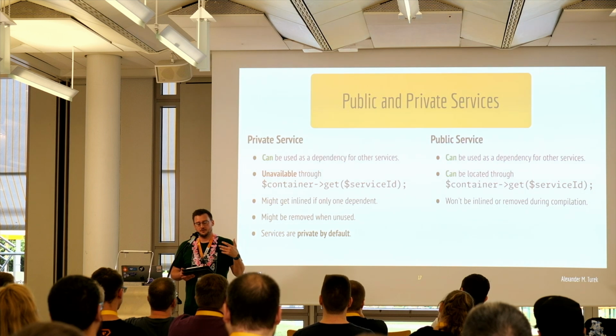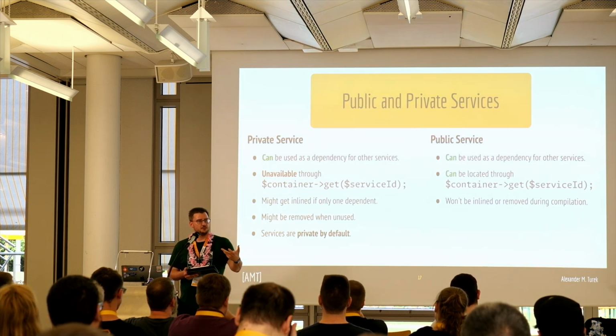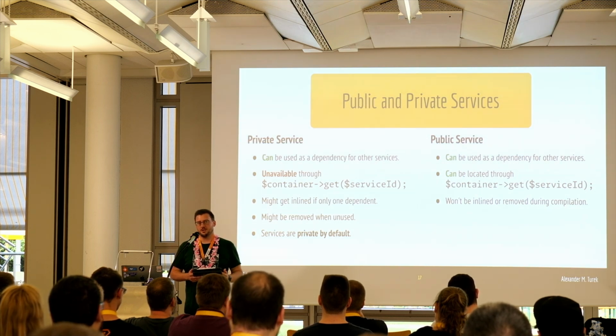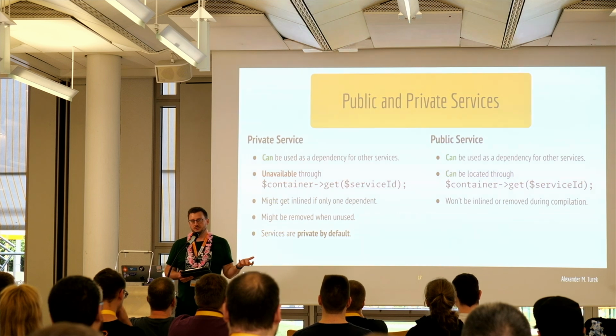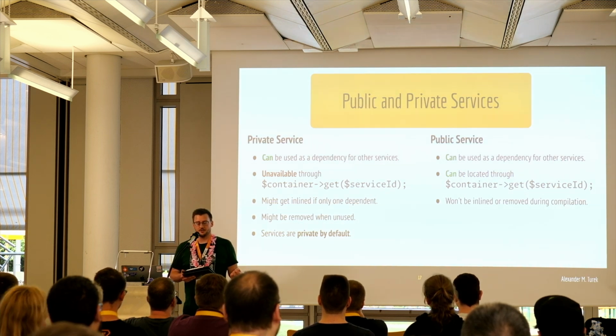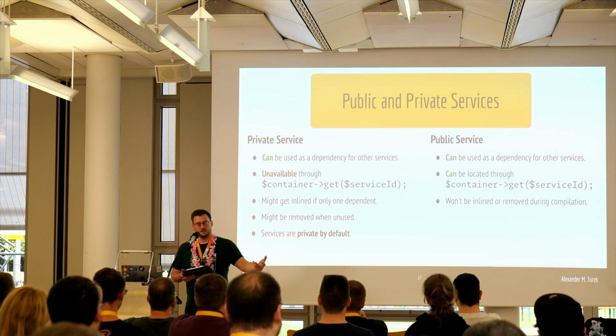If we define a service as public, then you can fetch the service through container arrow get. Then this service will be available there. If it's private, then container get will not know about the service. It's completely unknown to this method. But it can be used as a dependency for other services.